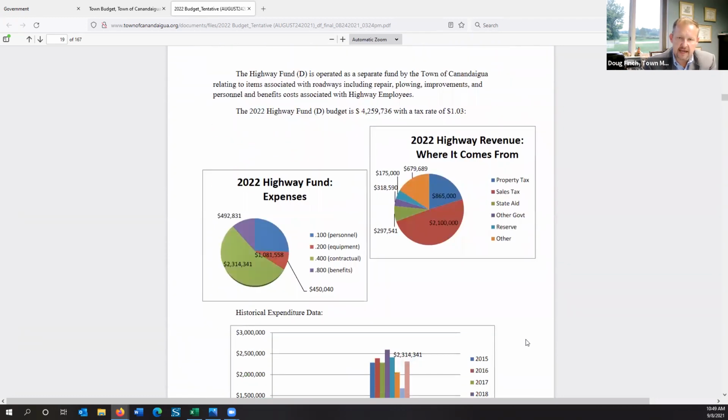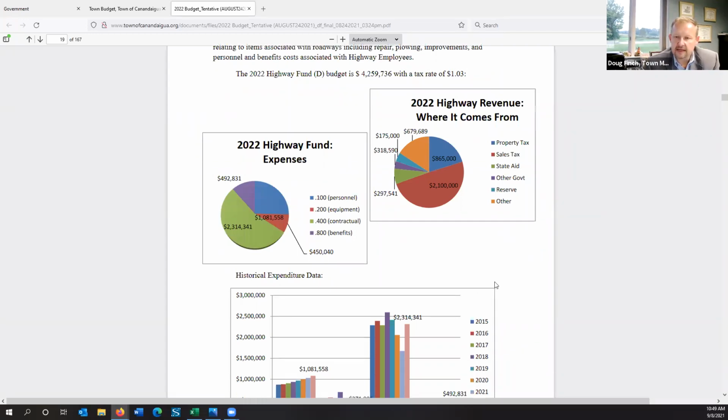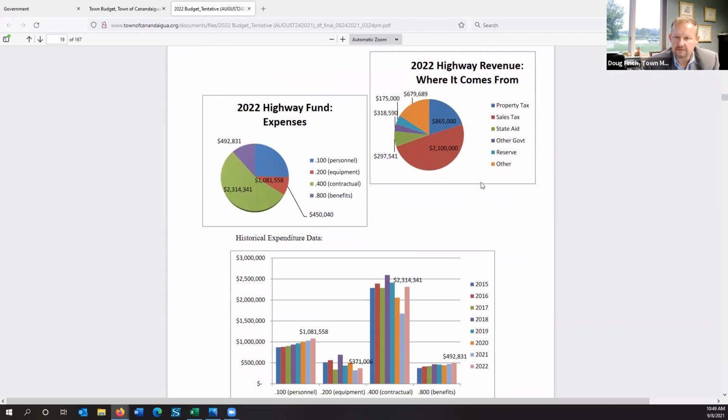On the highway fund side, this is a separate fund. I talked about the 30 different funds that make up the town of Canandaigua's 2022 tentative budget. We just talked about one of them, the general fund. The second is the highway fund. It's a separate fund. The revenue associated with property taxes is still part of that $1.03 per thousand. And you can see the other sources of revenue for the highway fund and where it comes from: $865,000 comes from property tax, 2.1 million comes from sales tax, and then all other sources.